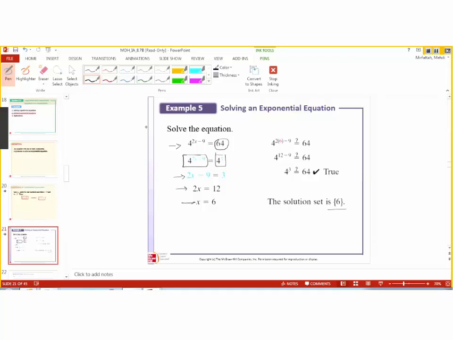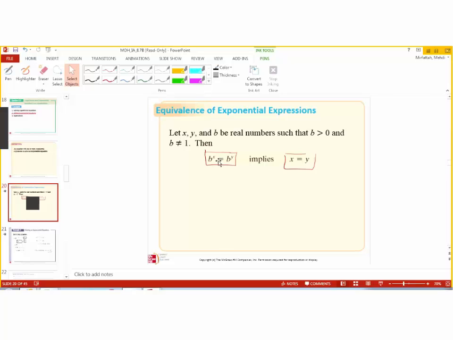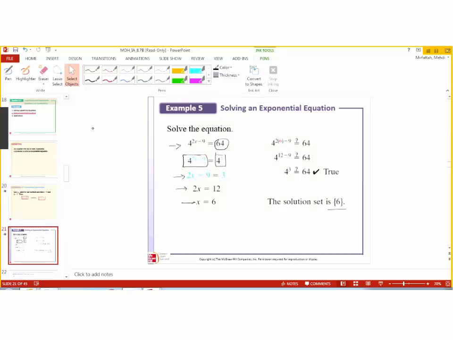Let's go over this. Looks like there's some confusion here. All right. So in this case, we're saying that if b to the power of x equals b to the power of y, x must be equal to y.